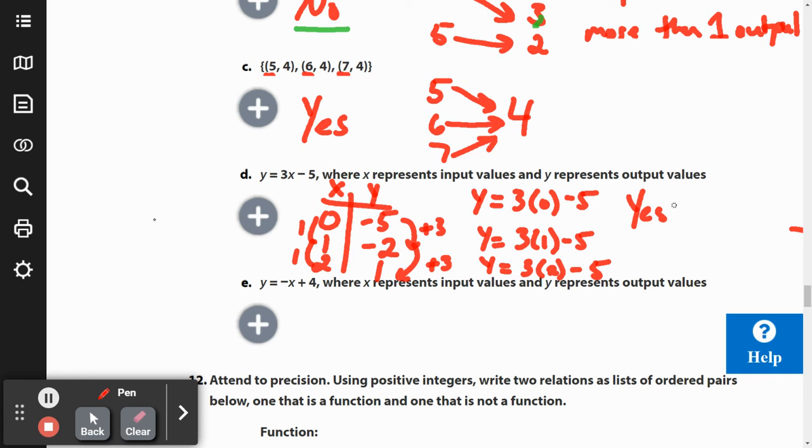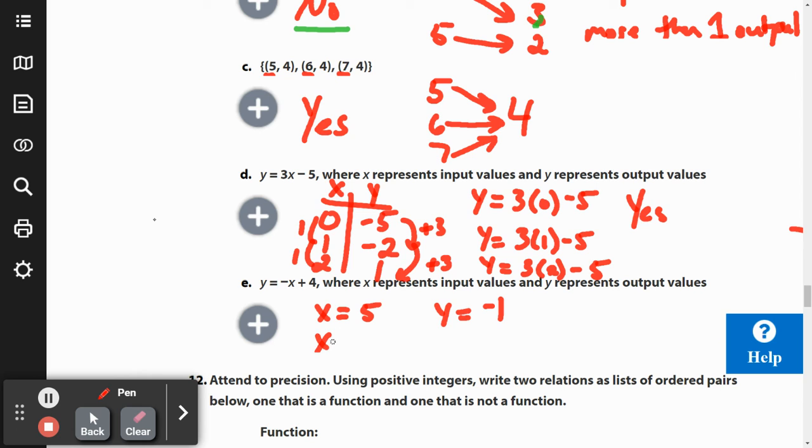What do we write when we have a function? Every input gives me exactly one output. What about this one? Do you see anything different other than the x just being negative now? Because look, if x is 5, y is going to be negative 5 plus 4, that's negative 1.